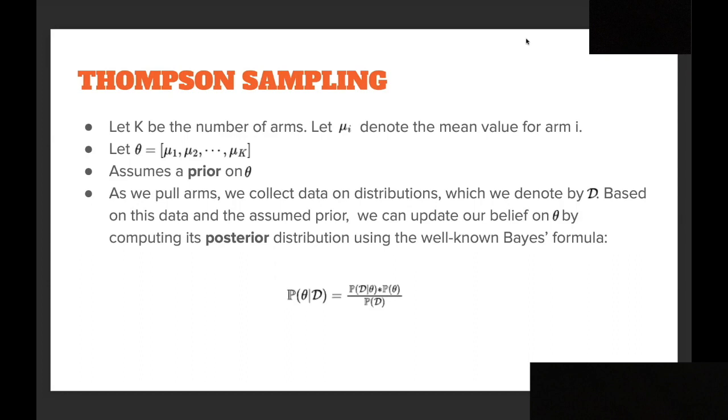If we don't have any knowledge on this theta, we can reasonably assume a uniform distribution on each of these mean values. As we pull arms, we collect data on these arms, which I denote by D. Based on this data and the assumed prior, we can update our belief on theta by computing its posterior distribution using the well-known Bayes formula as given in the slide.